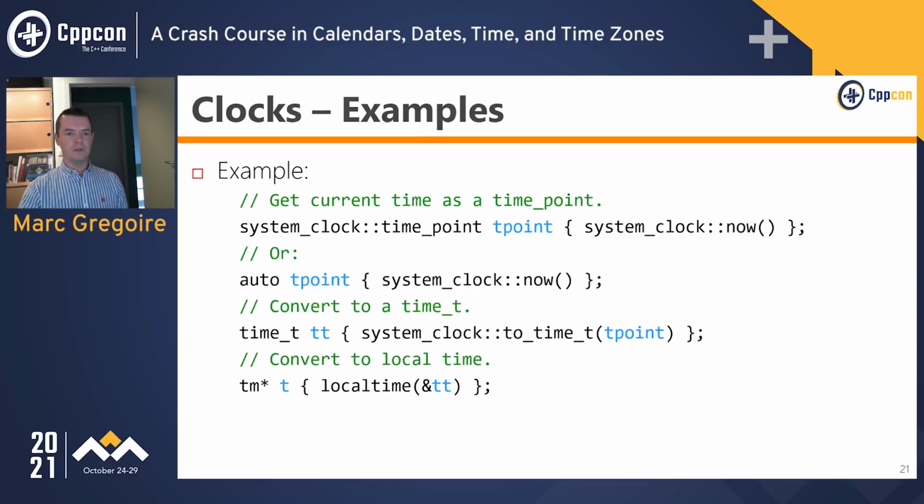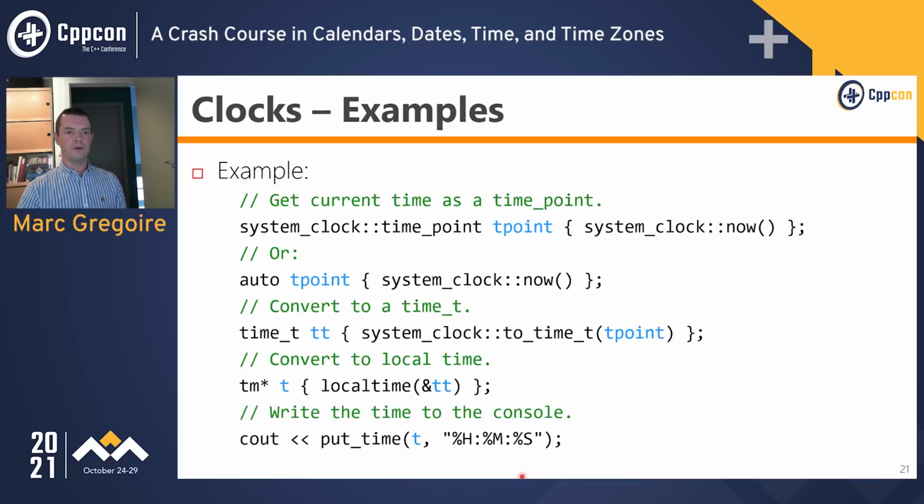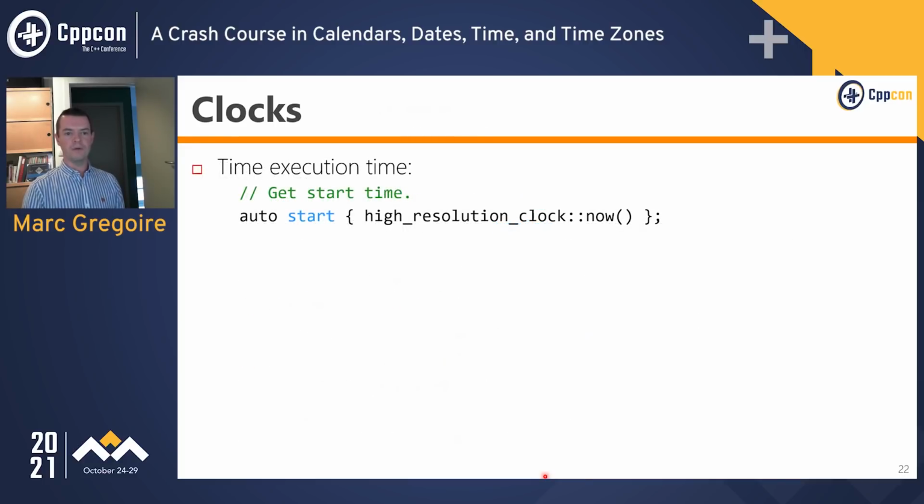Then I can use the localtime function, which is defined in the ctime header, to convert my time_t to a tm. Finally, you can use the put_time I/O manipulator to output my tm to the console. This will output the local time of your system clock to the console.